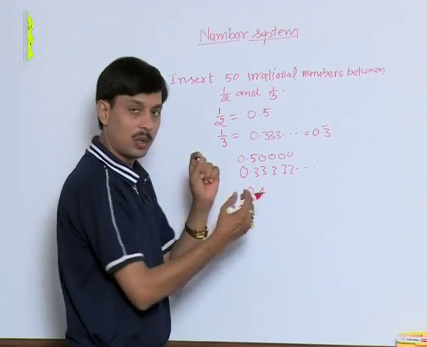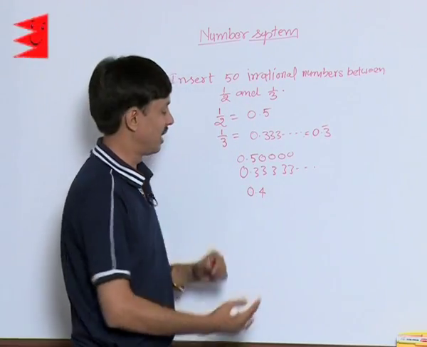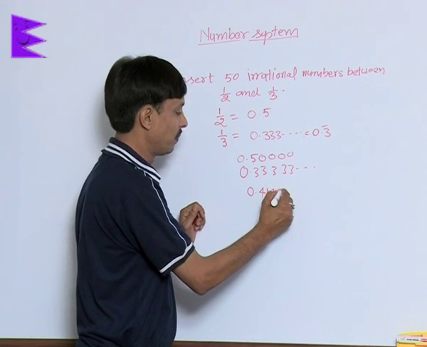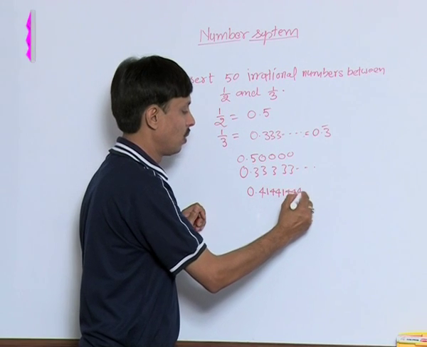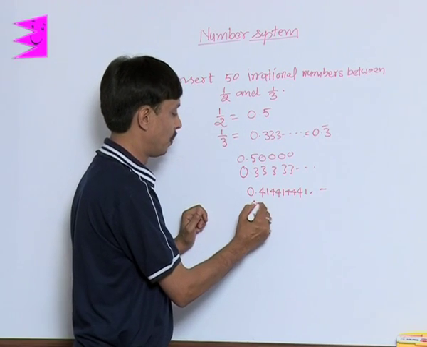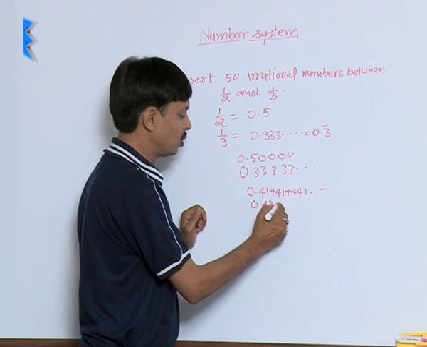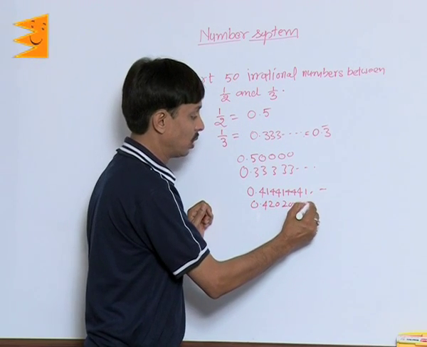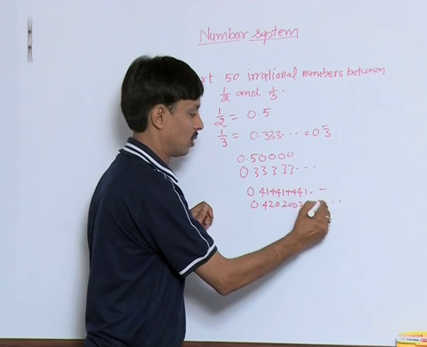So I have to write 50 irrationals like this: 0.41, 441, 444, dot dot dot, then 0.420, then 200, then 2000, then dot dot dot.